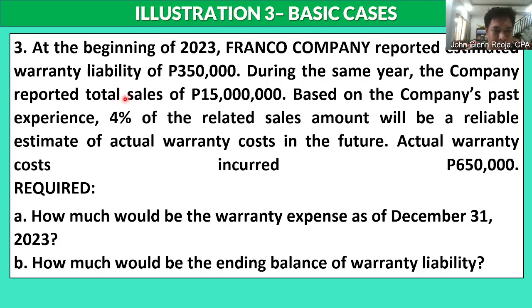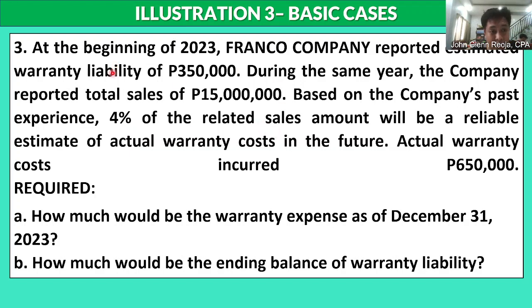This is only their estimation. Then, this is the actual, the 650,000. So, how much will be the warranty expense? How do we compute? How much is the sales? The reported sales is 15 million. Then 4% of this is considered warranty expense. This is called estimation.